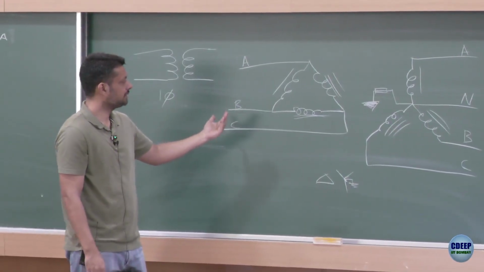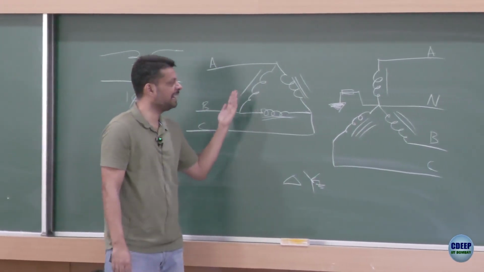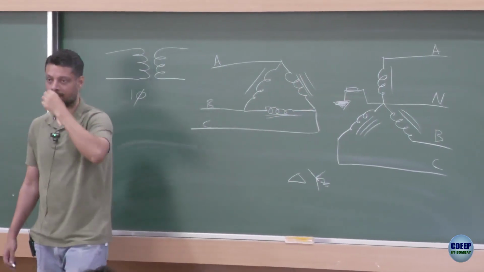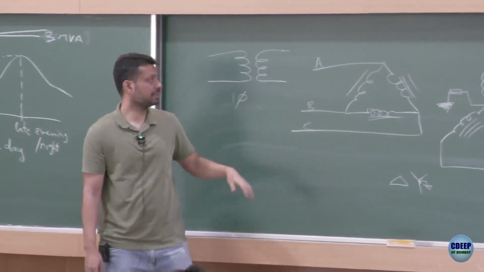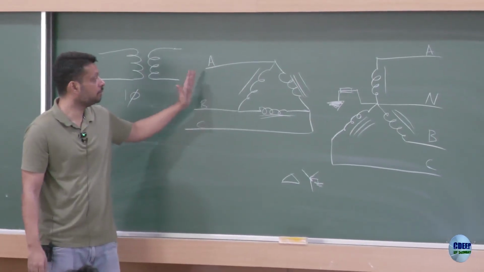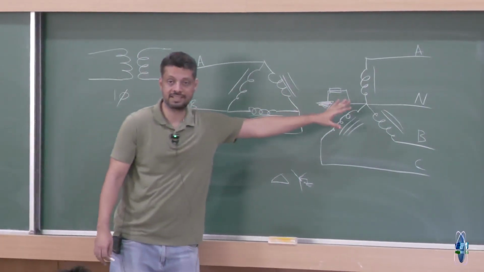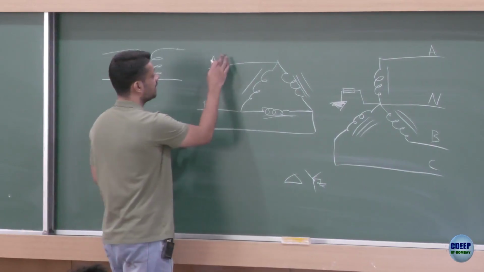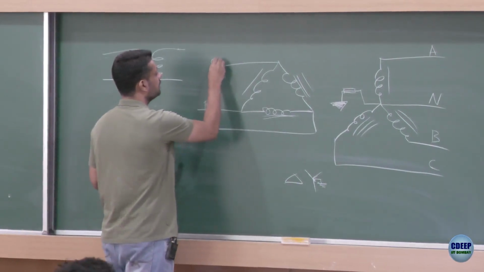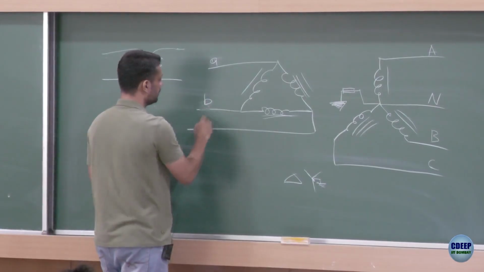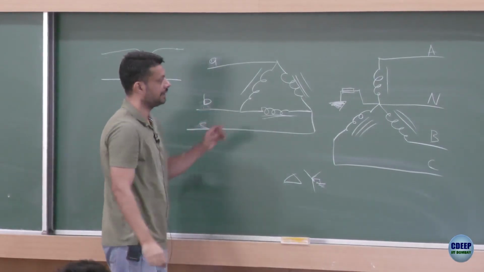The first thing is, when we go from delta to star, if I try to plot the line voltage of this side and the line voltage of this side, let us say these are small abc and capital ABC.